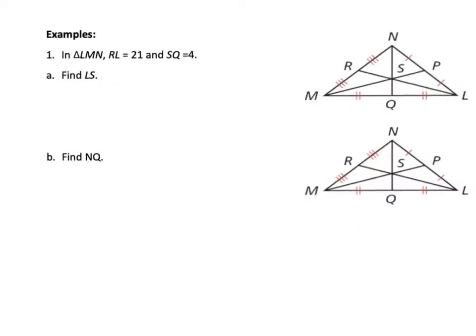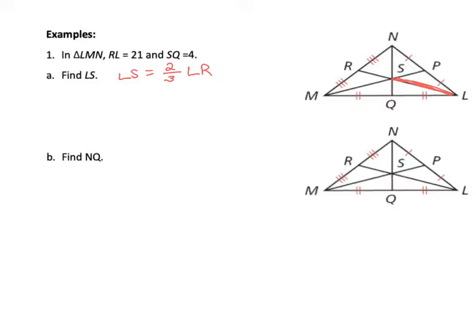So now let's do some examples using the centroid theorem. We'll look at this triangle over here and some of the information given, and then we're going to find a certain length. This one we're looking for LS. If we look at the centroid theorem, we know that LS is going to be two-thirds of that whole piece, L to R. So our objective is to get that distance LR somehow.